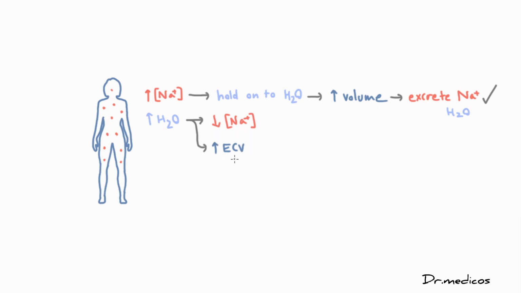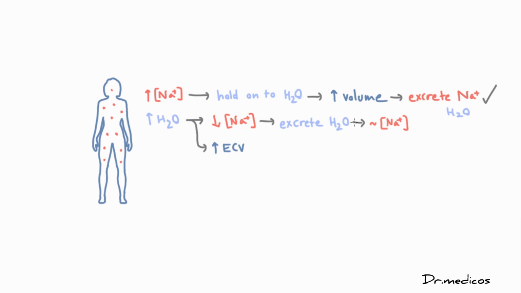So this is not going to stimulate anything yet, but the drop in concentration is going to cause you to excrete water so that you'll increase your sodium concentration back to normal. So that brings the sodium concentration back to normal.